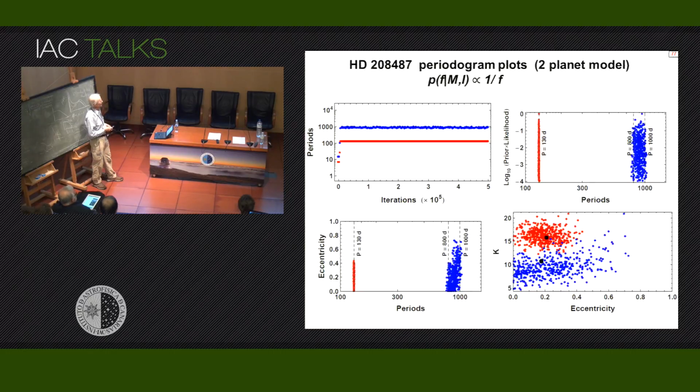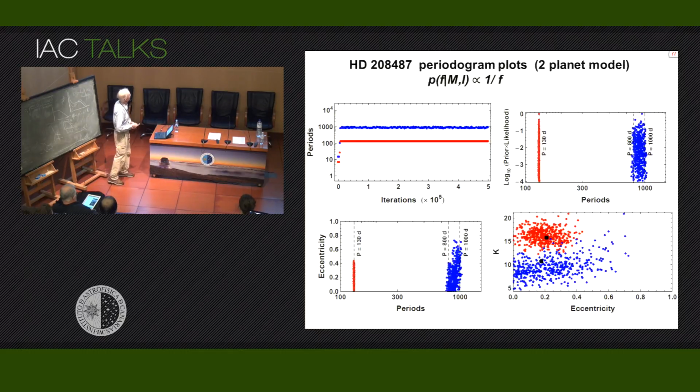This rather broad mess resolves down to a banana-shaped structure, where the bulk of the points are down around low eccentricity values, but there is this tail that goes out here and corresponds to the higher eccentricity points at the higher period.